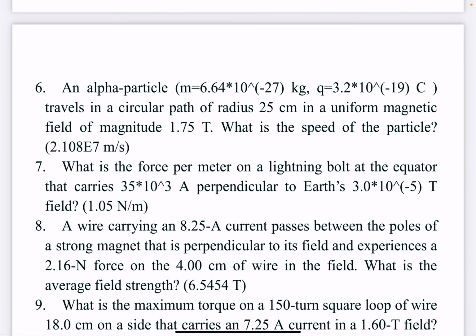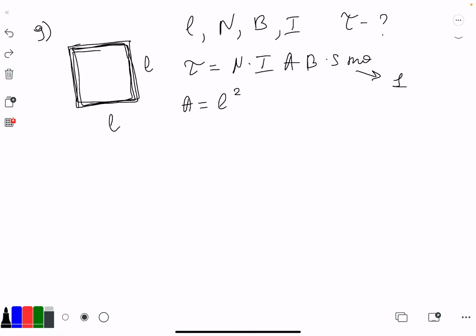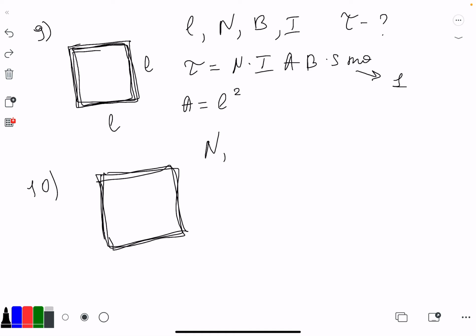Okay, what else? Problem number 10: calculate the magnetic field strength needed on a 250 turn square loop, 20 centimeter side, to create the maximum torque if the loop carries a current. So we have to find the magnetic field strength. Again, this is a square loop with many wires on it because it has a number of turns. N is given, L is given, torque is given, and current is given.